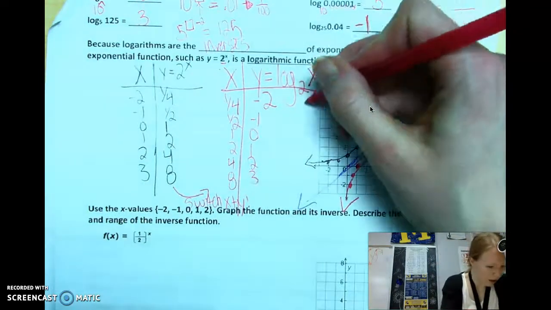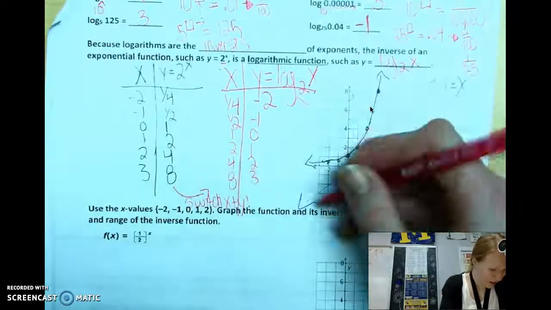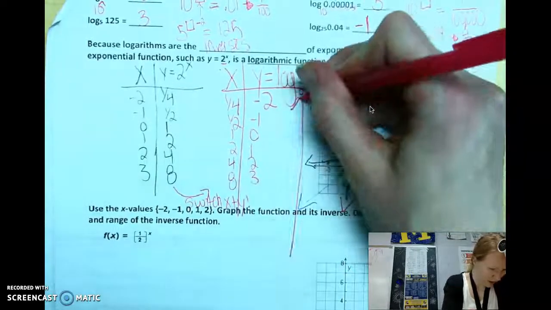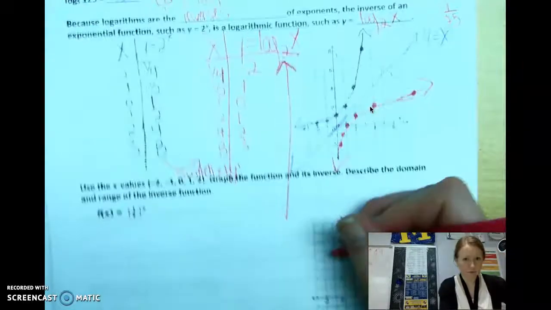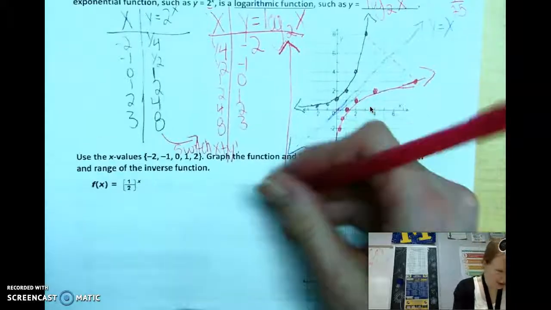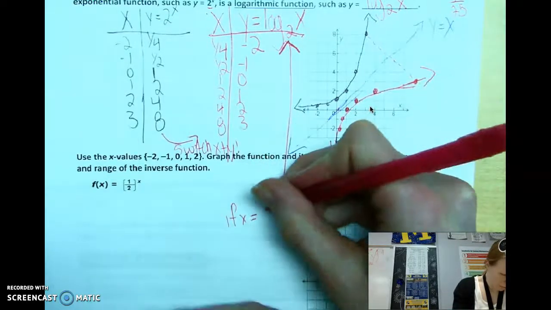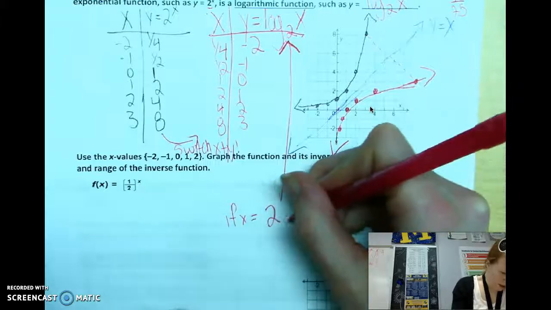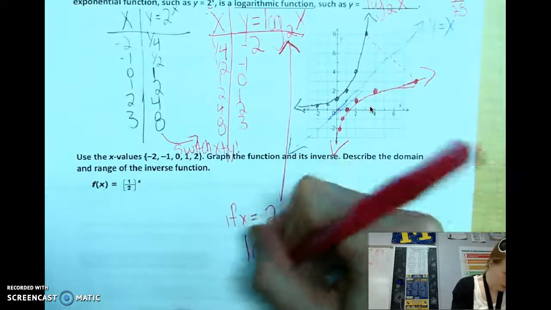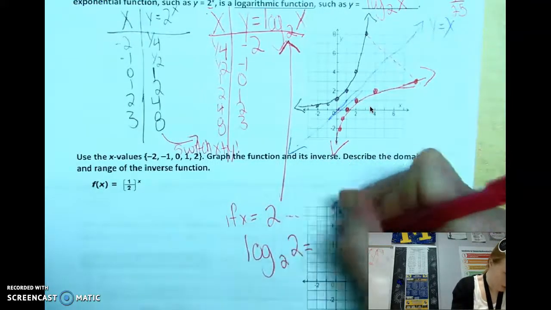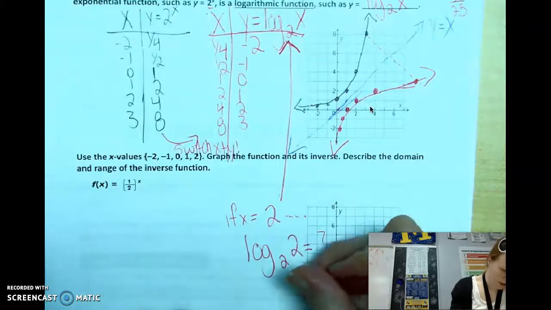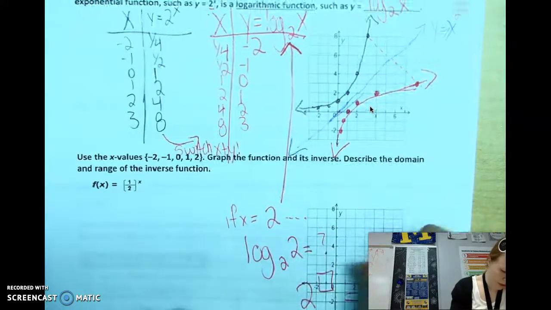If we were talking about log base 2 of x, right? Let's just draw a little arrow here and show a little work. So if I'm telling you your x is 2, for example, then I would have to write this as log base 2 of 2 is equal to question mark. What this is saying is 2 to what power gives me 2?